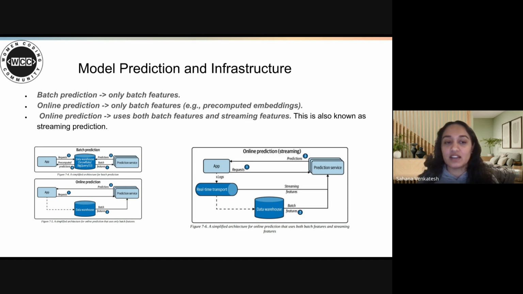And finally, there's a separate entity called online prediction streaming, where the model is not just making predictions based on batch features, but also making features from some of the real-time input. An example of a streaming use case could be a fraudulent transaction. It needs not just the transaction at the moment, but also the transactions the user has made in the past, so that a particular transaction can be flagged as fraudulent or not.